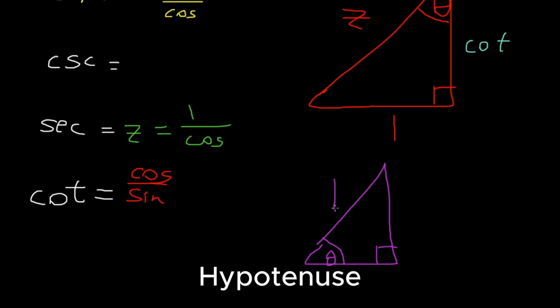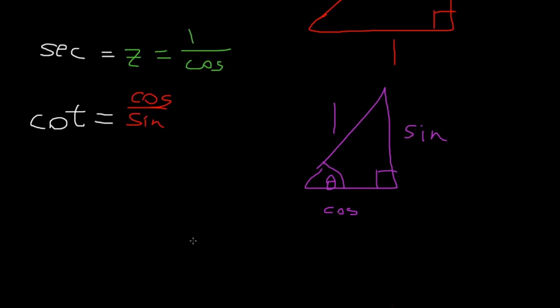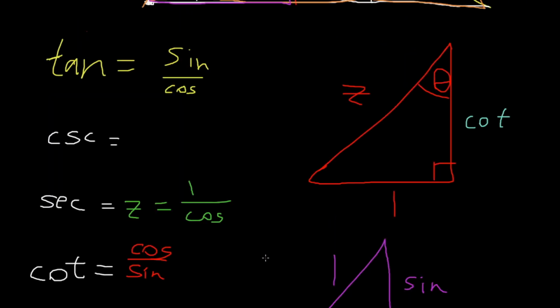Height over hypotenuse, that's sine, because this is cosine. So that means z is equal to 1 over sine. So that is the last reciprocal identity that I'll be talking about today.